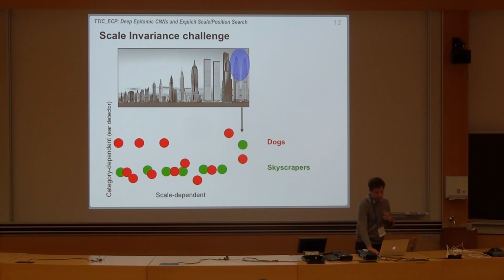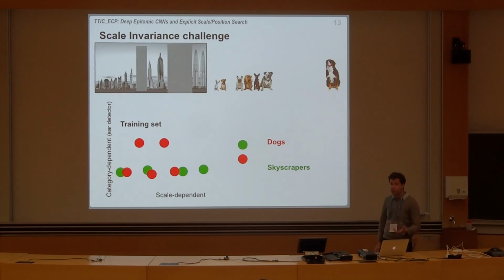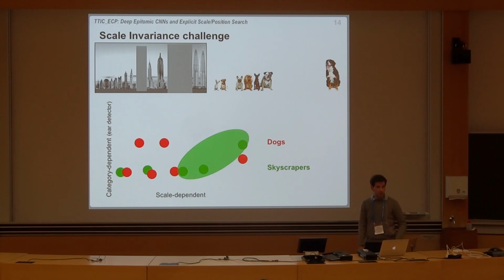Now let's say that at training time, you just have a subset of this data, and you're asked to train a classifier with that. What you can learn is something entirely nonsensical: that large skyscrapers are supposed to have ears, while large dogs are not. We know that this is nonsense, because scale has nothing to do with the classification. So the question is, how can we make up for this problem?